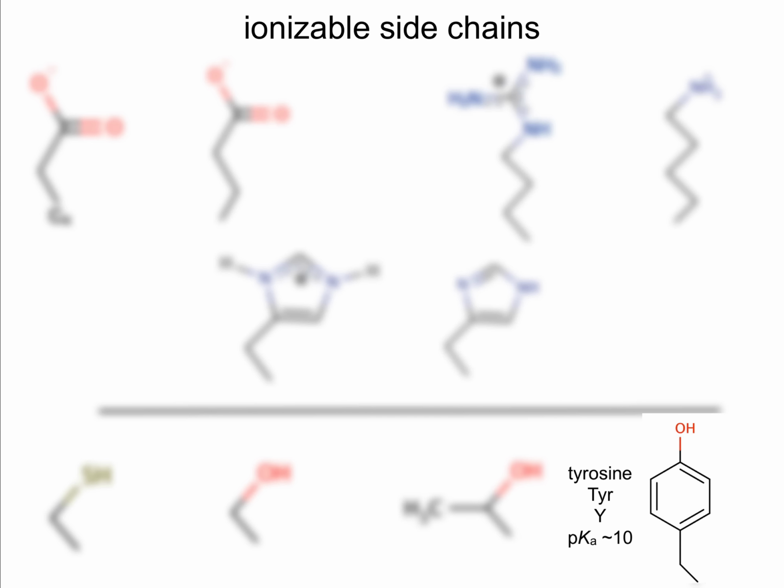Finally, however, we have tyrosine, three-letter code TYR, single-letter code Y. That hydroxyl also has a high pKa of around 10. Worth mentioning tyrosine, however, because this is an example of an amino acid which has some confounding sets of characteristics. On the one hand, we have a hydroxyl group, which is polar and engages readily in hydrogen bonding.